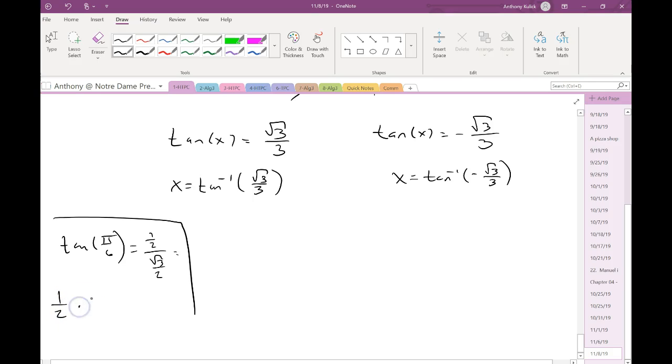So when I multiply by the reciprocal, I get 1 over root 3, which is what we want, right? Everybody agree with that? So one of our values for x is going to be pi over 6.